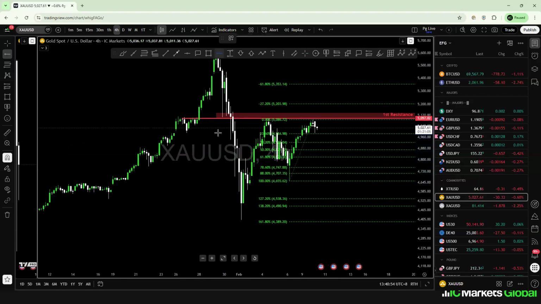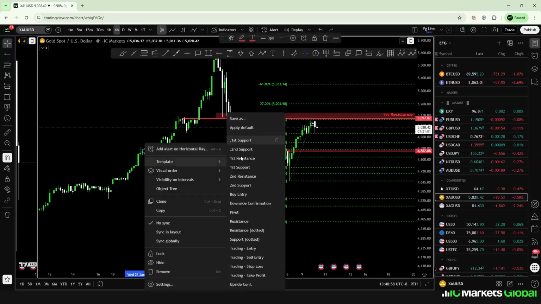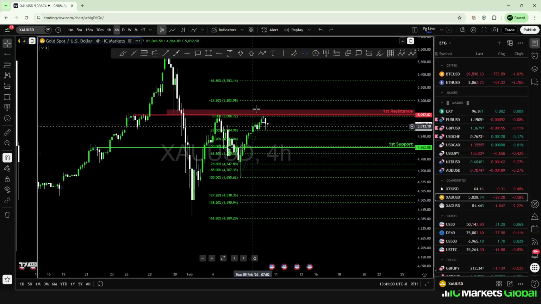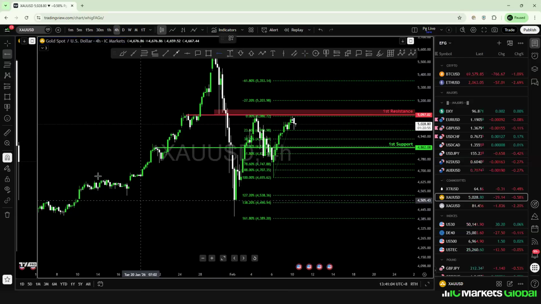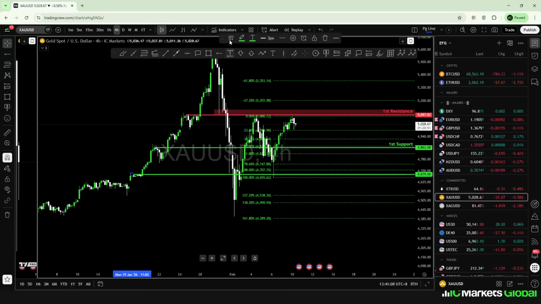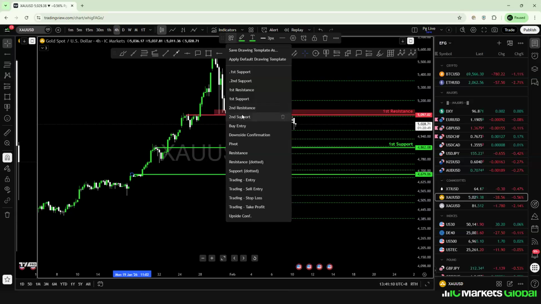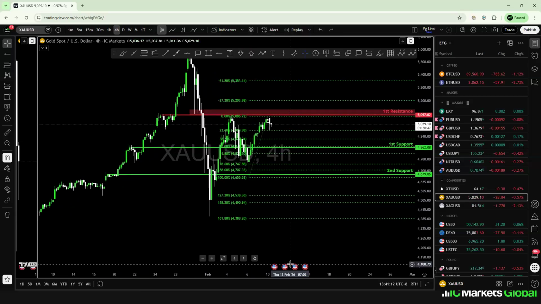Let's just put this one as my first support, meaning my first support here is at the 50% Fibonacci retracement, and for the second support I'm going to aim for the recent swing low.